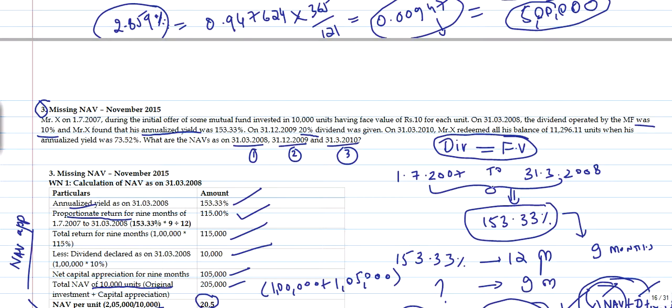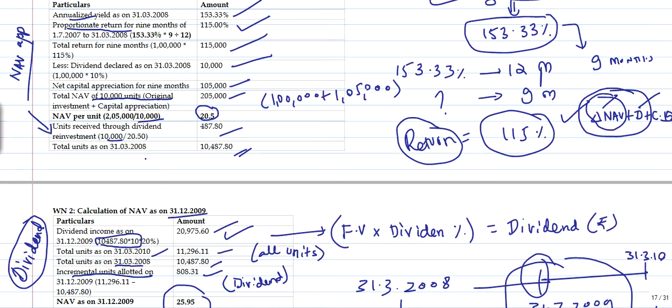So we will assume that it is from 2007 till the, we have to calculate from this annualized yield 73.52.